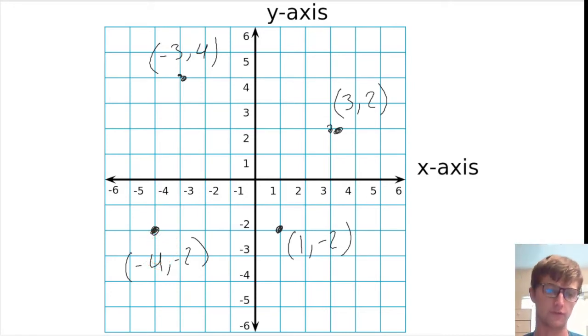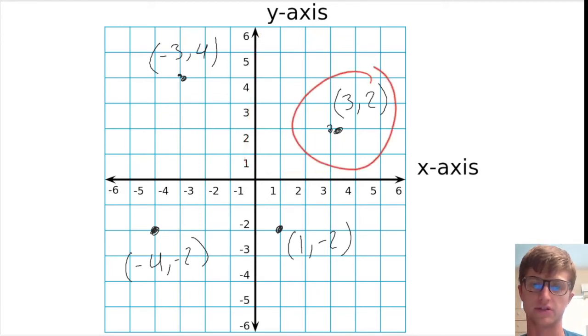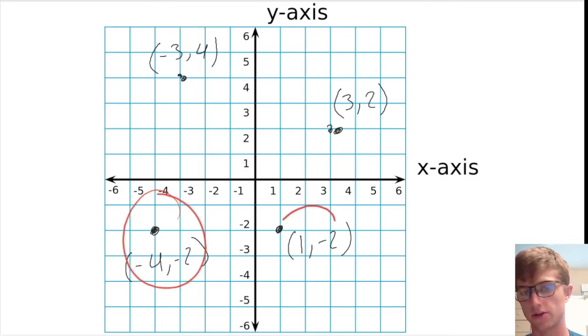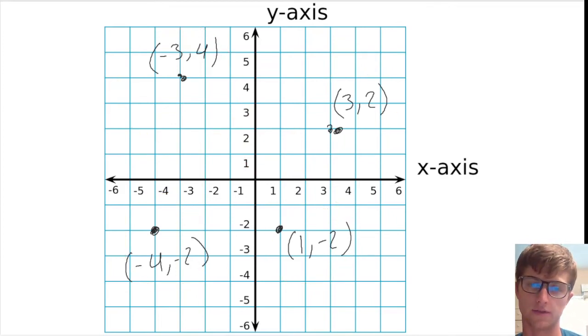Okay, if we notice something interesting, see how we have one dot in each quadrant. This is in the first, this is in the second, third, fourth. For the dot in the first quadrant, both numbers are positive. For the dot in the third quadrant, both are negative. In the second, we got a negative and a positive, and in the fourth, we got a positive and a negative.